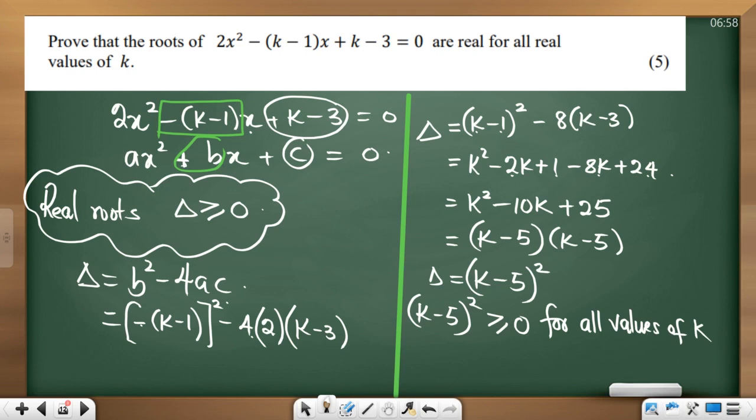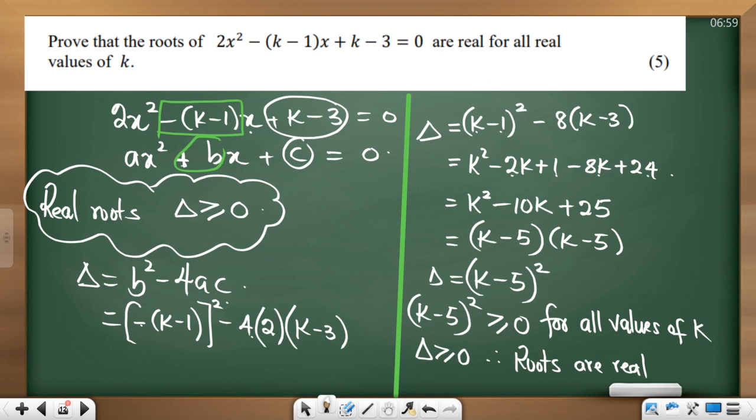So that is always, I told you, when the base is positive, those values will always be greater or equal to 0. (k minus 5) all squared is greater than or equal to 0 for all values of k. Oh, so it means my discriminant is greater than or equal to 0. Therefore, my roots, remember they just said roots are real. They could be equal roots, there could be unequal roots, and there could be rational roots. This is nature of roots.